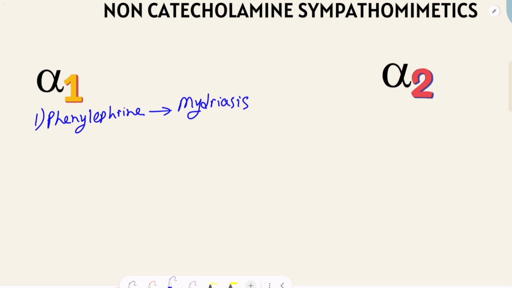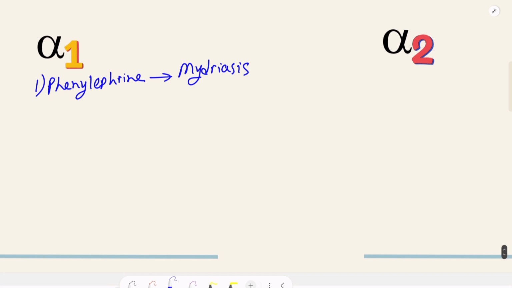Phenylephrine only causes mydriasis by acting on pupillary receptors, but anticholinergic drugs cause mydriasis as well as cycloplegia, so there is blurring of vision. Phenylephrine does not cause the side effect of blurring of vision, as it only causes mydriasis. Now another drug that works on the alpha-1 receptor is methoxamine.